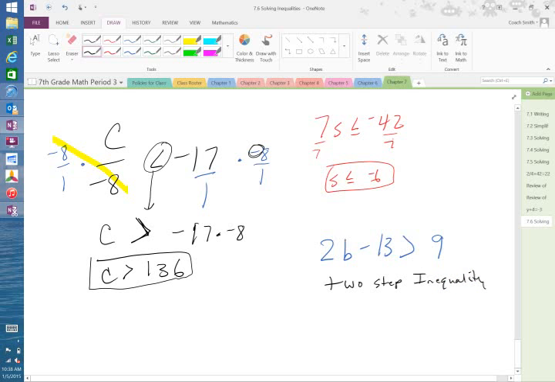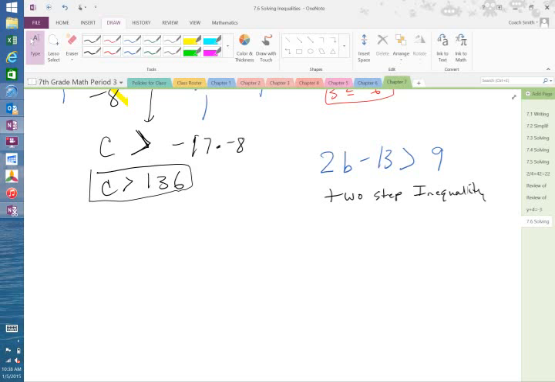Two-step inequalities means that I have to do this. 2b minus 13 plus 13 is greater than 9 plus 13. I have to solve the addition or subtraction part of the expression before the second step, which is multiplication or division.